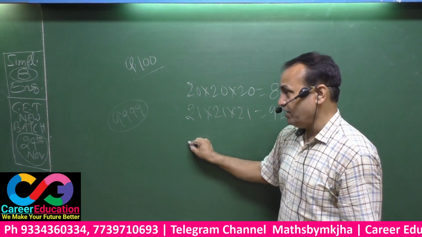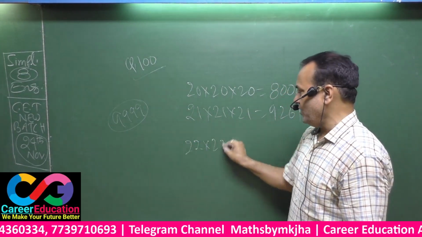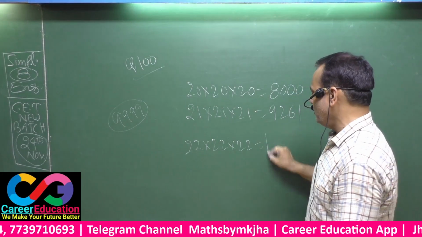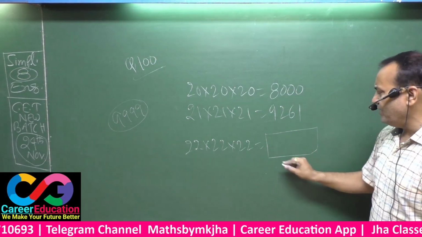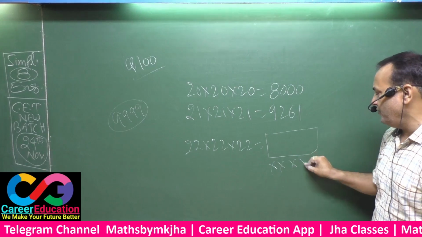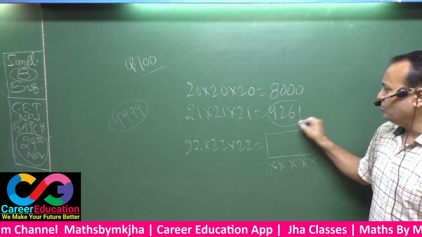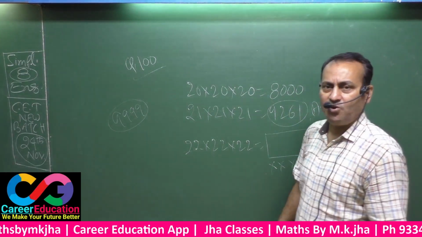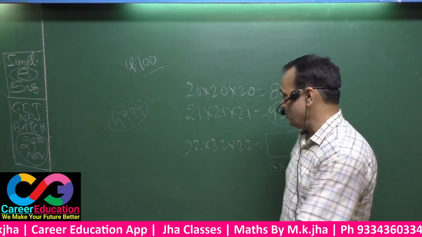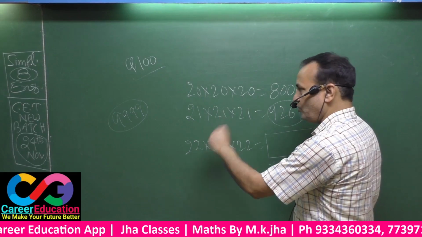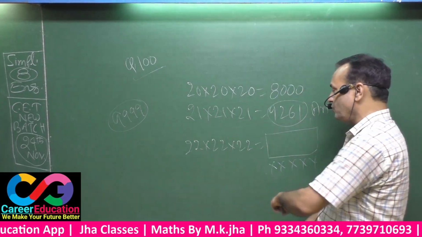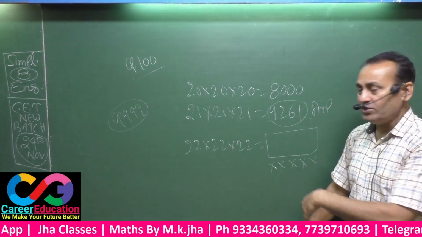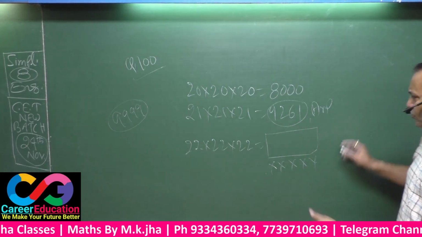If you go through, see here, 22 into 22 into 22, this number will be of 5 digits, 1 2 3 4 5, and so 9261 will be your answer. 9261 is the biggest cube number of 4 digits, since after multiplication by 22, certainly the result is of 5 digits. Let me show you as well.